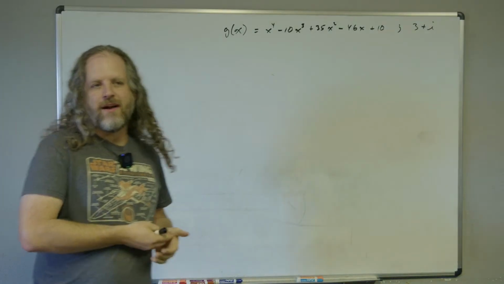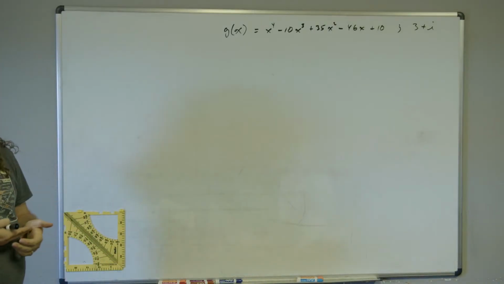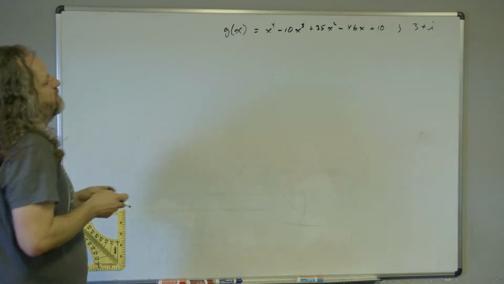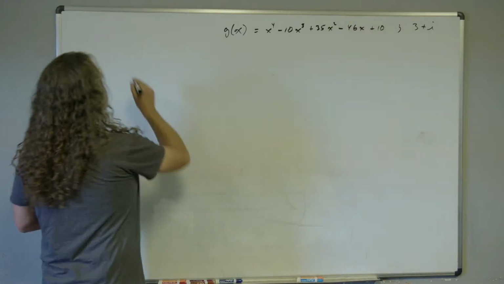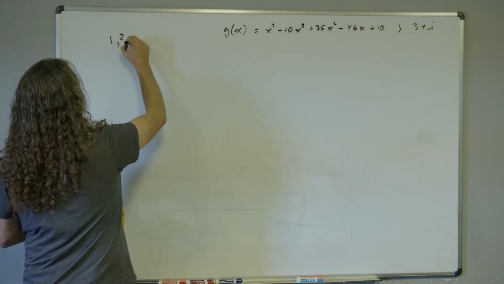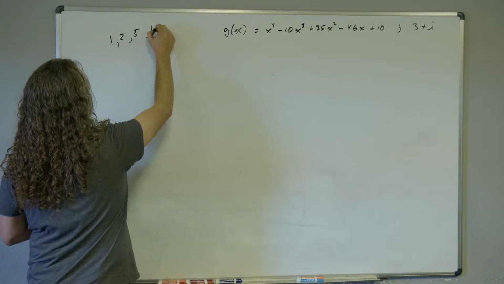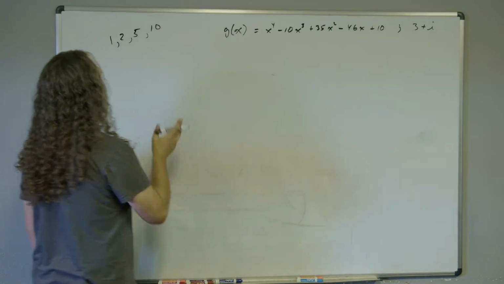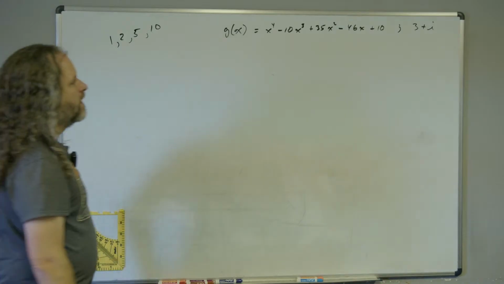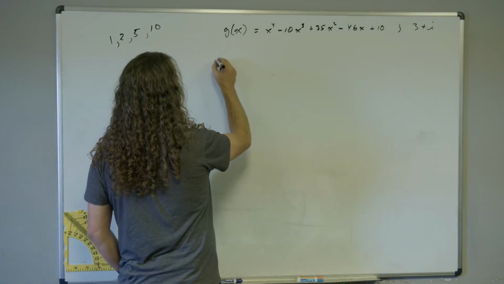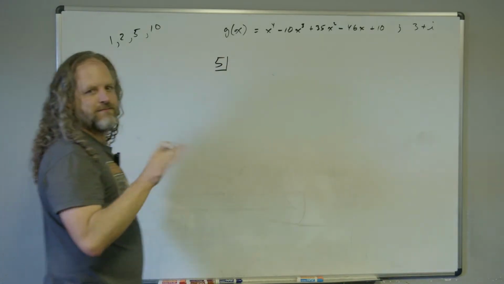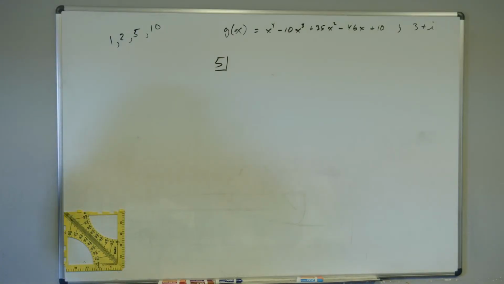So we'll go about our normal process for factoring it. Let's figure out what's possible: 1, 2, 5, or 10, plus or minus on all of those, of course. Let's try 5. Put your calculators down. It's not actually going through 5 on my calculator; it looks like it's going through about 4 and 3/4.